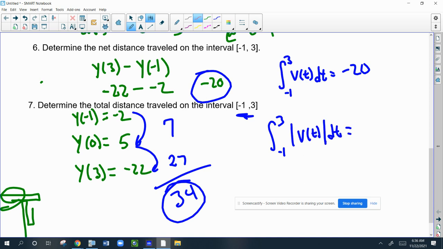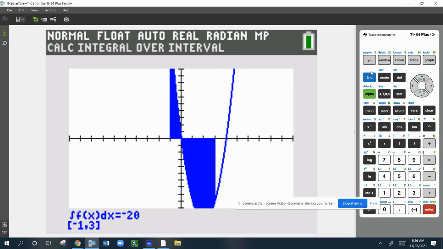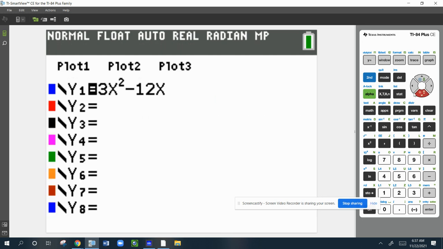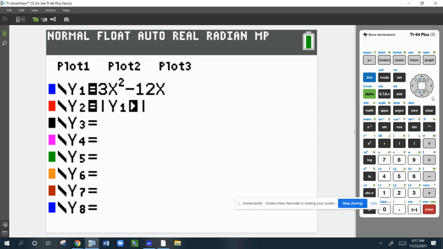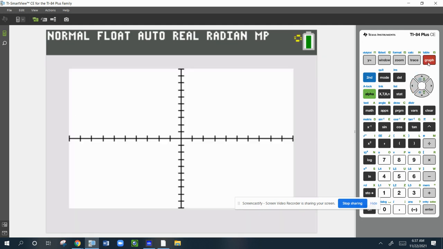To do that on the calculator, one way is to go into y equals. I'm going to hit absolute value, and then alpha, trace, and type in y1, so I don't have to type the function in again. So now it's going to do the absolute value of y1. I'm going to turn off y1 and then just graph the absolute value. And the absolute value looks like it should: anything that was below the x-axis is now above.